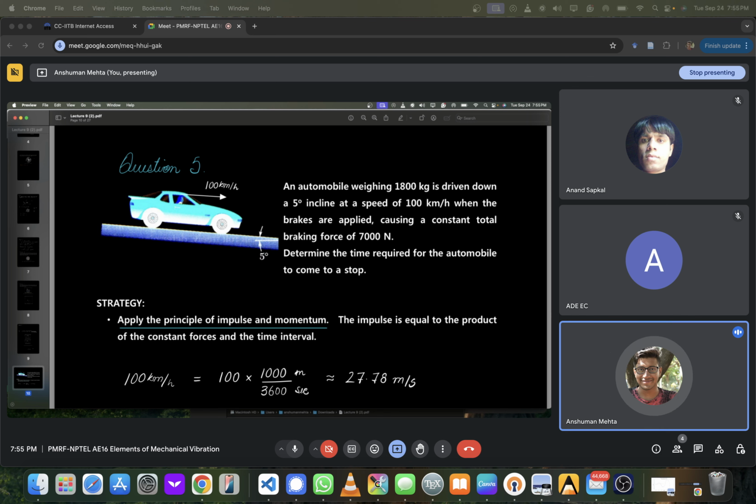We have to determine the time required for the automobile to come to a stop. So we have to apply the principle of impulse and momentum, and the impulse is equal to the product of the constant force and the time interval.